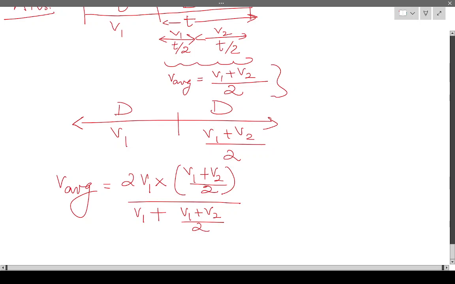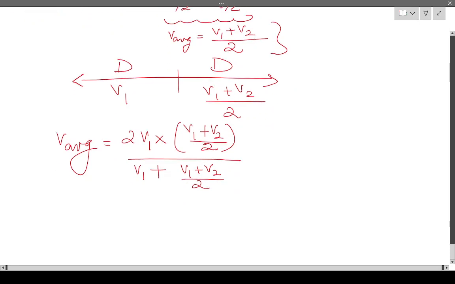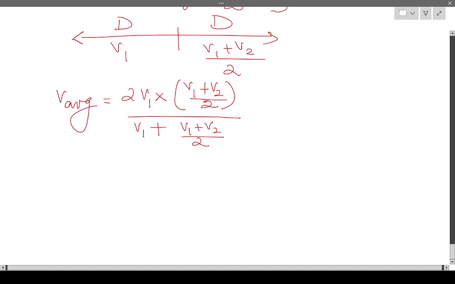Okay, now this much is the physics. Now here comes the calculation part. So we will do the calculation part.